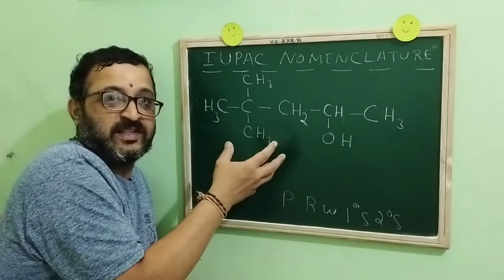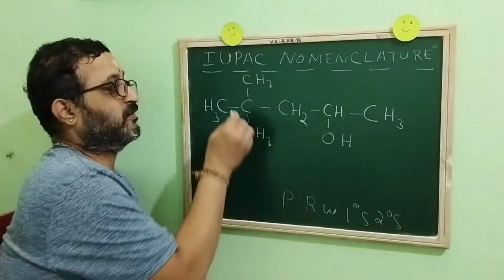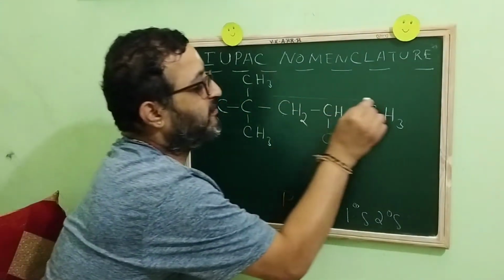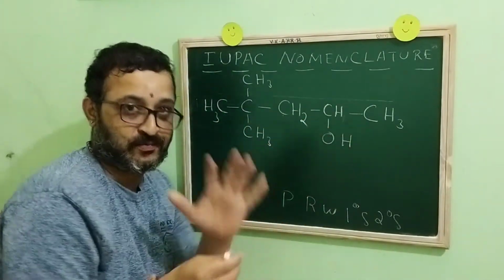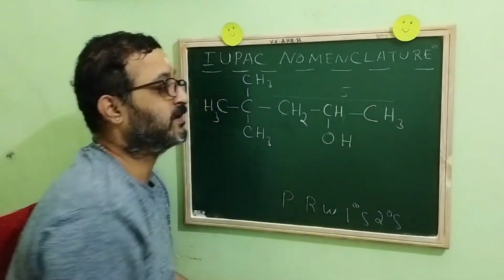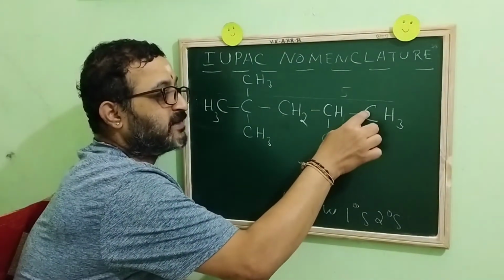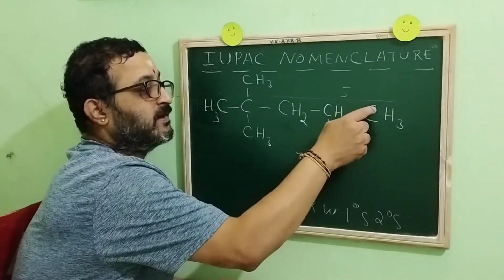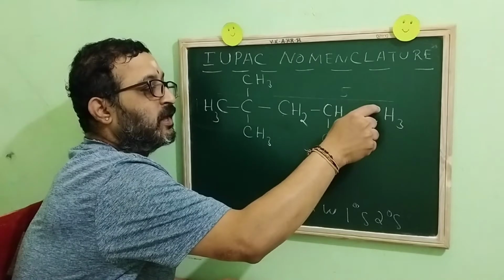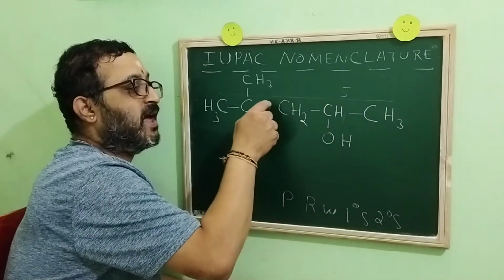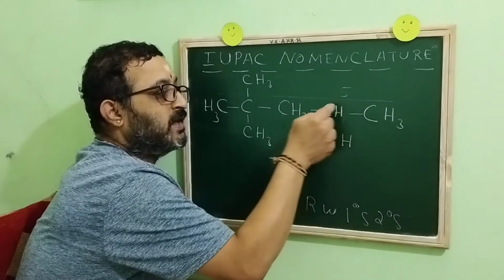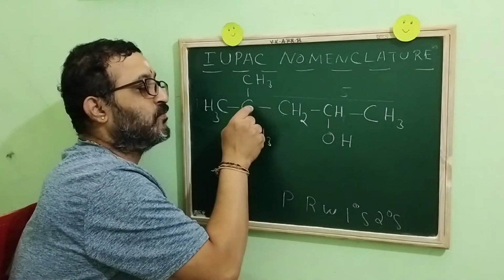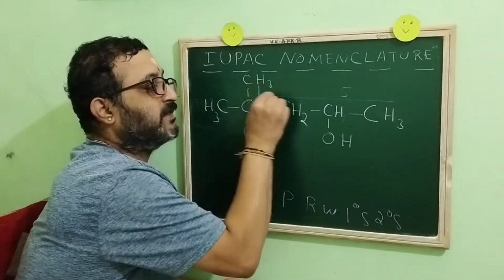Okay children, this is the next compound. So we have to identify the parent chain. Suppose we consider this straight chain as the parent chain, it has 1, 2, 3, 4, 5 carbon atoms, right? And starting from here, if I go straight and then take a right, that is 1, 2, 3, 4, 5, like this.